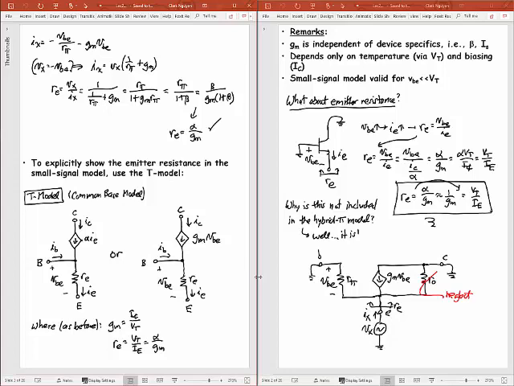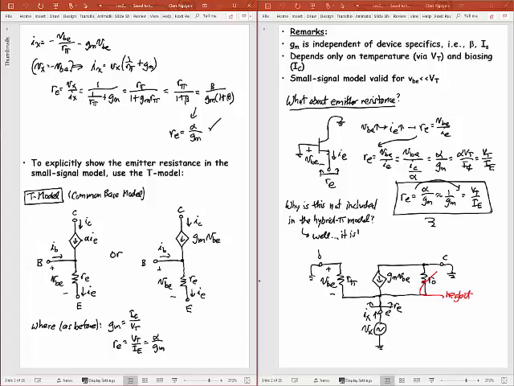Well, you can explicitly put in RE. You just have to go to a different model, the common base model. So the common base model, which is often called the T model, because it looks like a T, at least a sideways T. Okay? And so this common base T model here, you do have the RE resistance explicitly there. You don't show the R pi resistance. See, there's no R pi in any of these here.